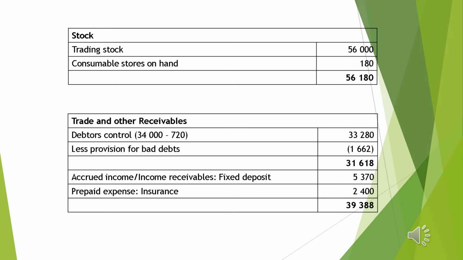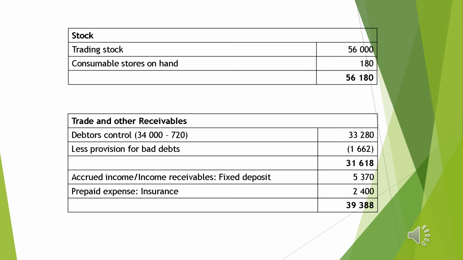Then we would say less provision for bad debt. Why do we say less provision for bad debt? With provision for bad debt, we have created a fund, or adjusted our fund, where we set money aside previously when we were creating this provision, but now we need to adjust it to 1,662.